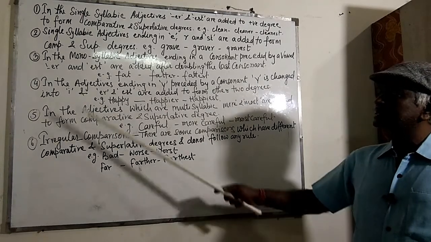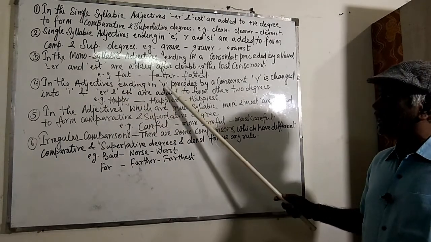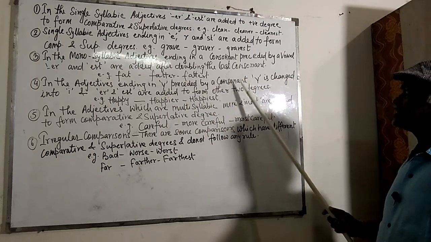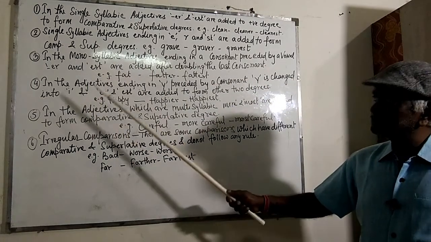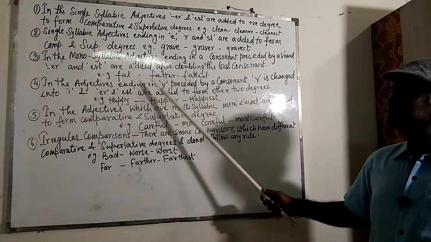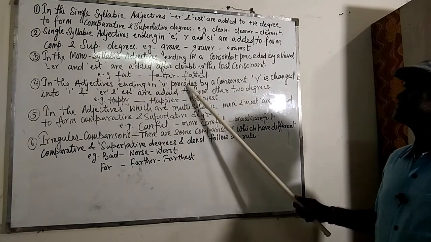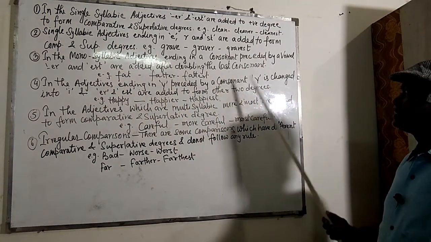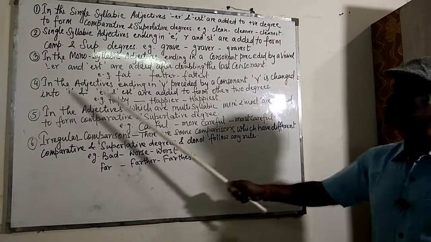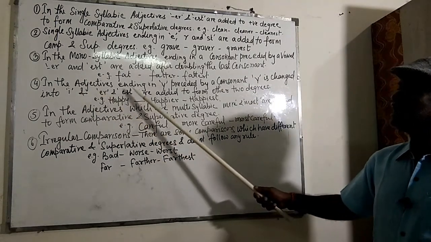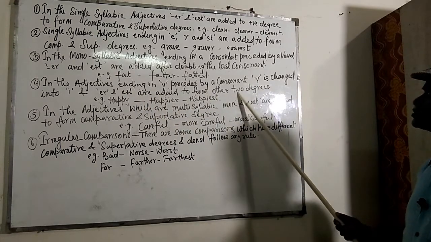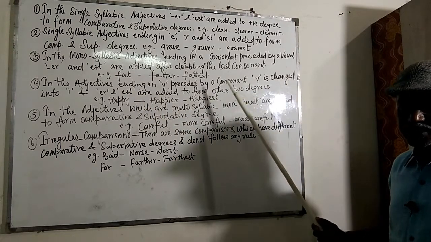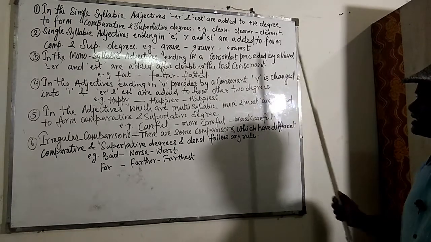Next one is in the adjectives ending in Y preceded by a consonant, Y is changed into I. If the adjective ends in Y and it is preceded by a consonant sound, this Y is changed into I and ER and EST are added to form the other two degrees, that is comparative degree and superlative degree respectively.